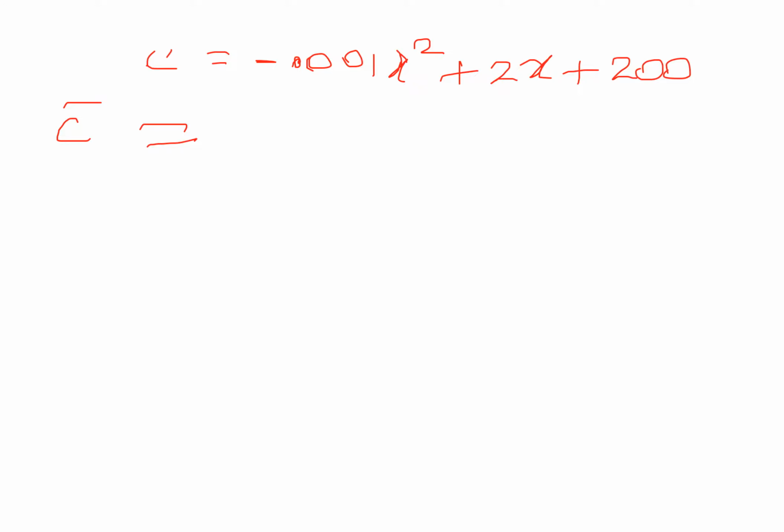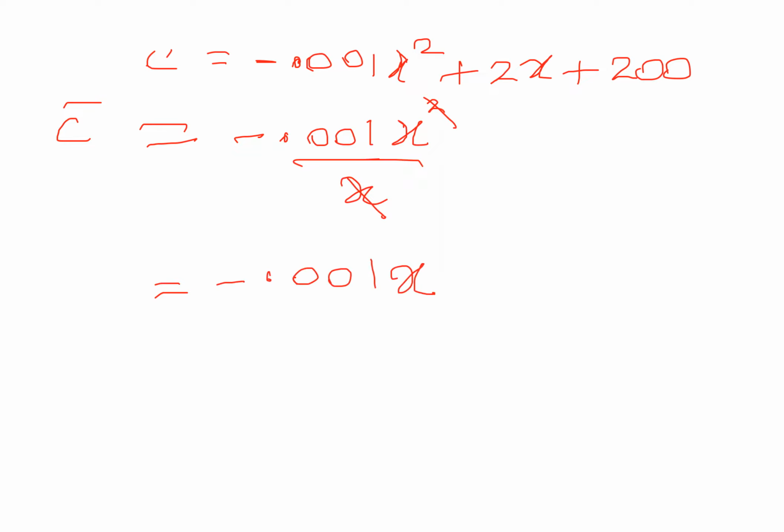So I divide the first term by x, then x squared divided by x. What has happened? You can use your already learned index theory here. So that becomes this one, and finally minus 0.001x.